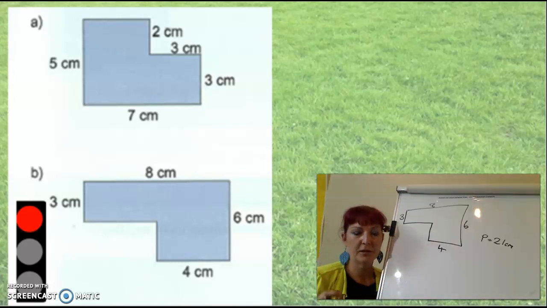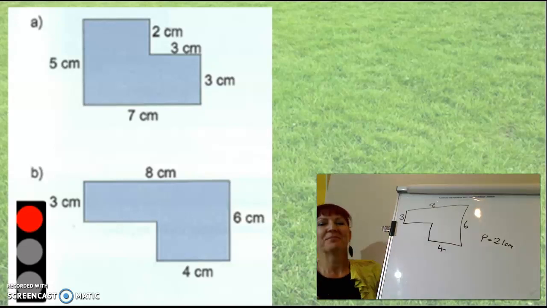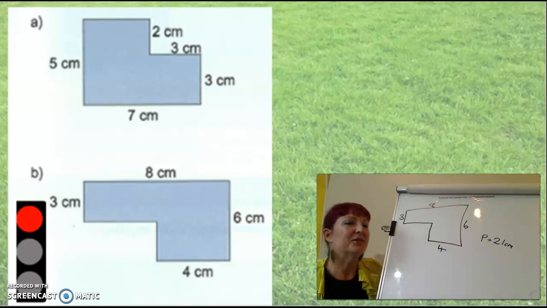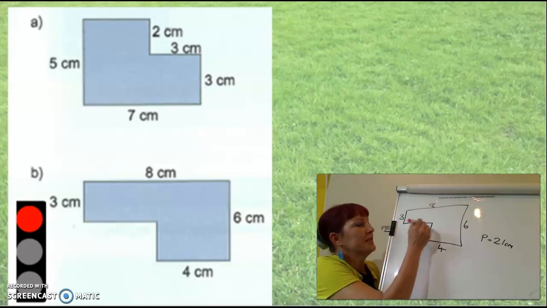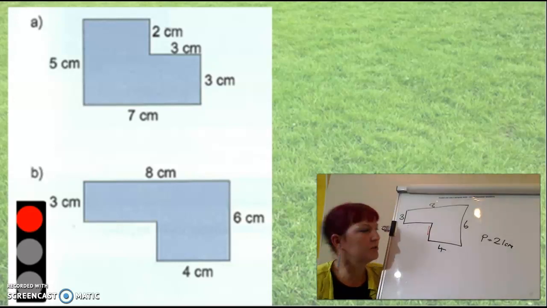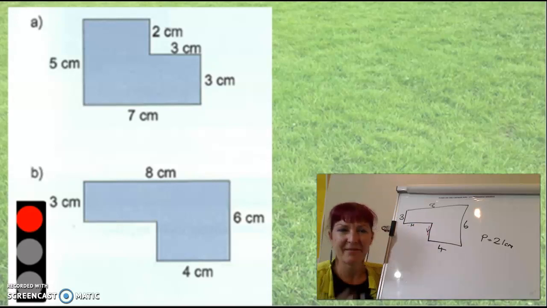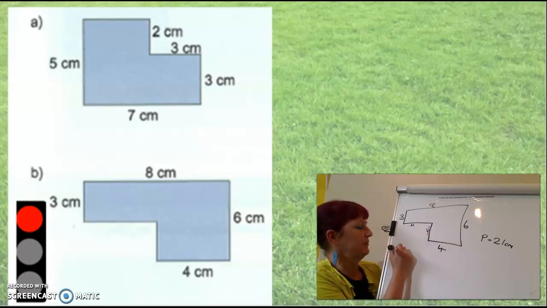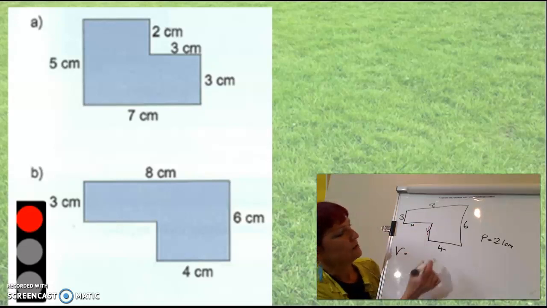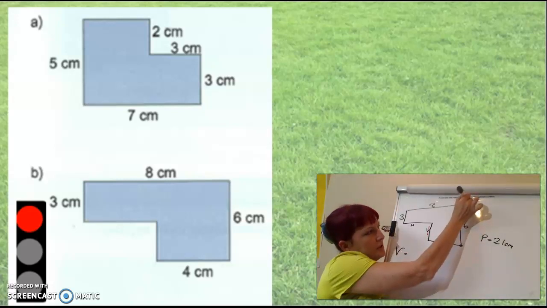For the lower one, or B, you worked it out as 21. So what they've done is you've actually got 2 to find out. That one and that one. Which one should I start with? Horizontal or vertical? I'm going to start with the vertical one. So I know from here to here is 6.